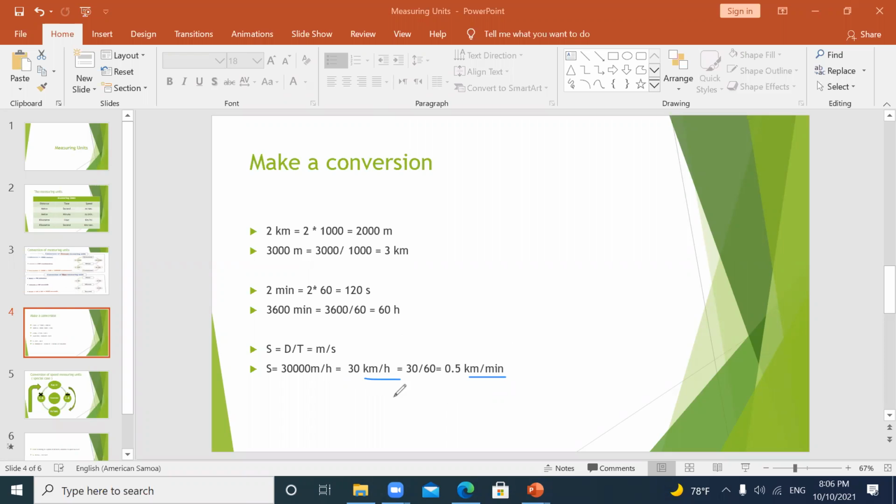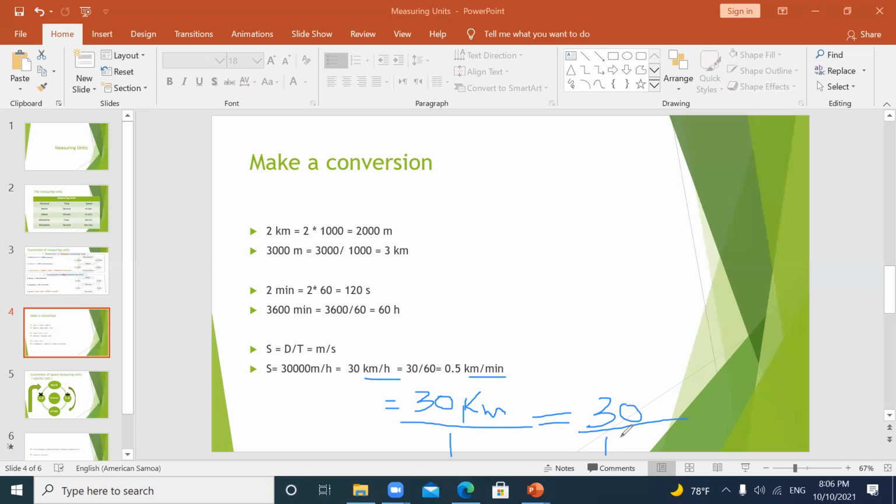Excellent. So if you have 30 kilometers per hour, I will convert it to kilometer per minute. 30 will be the same because kilometers and kilometers, divided by 1 hour.